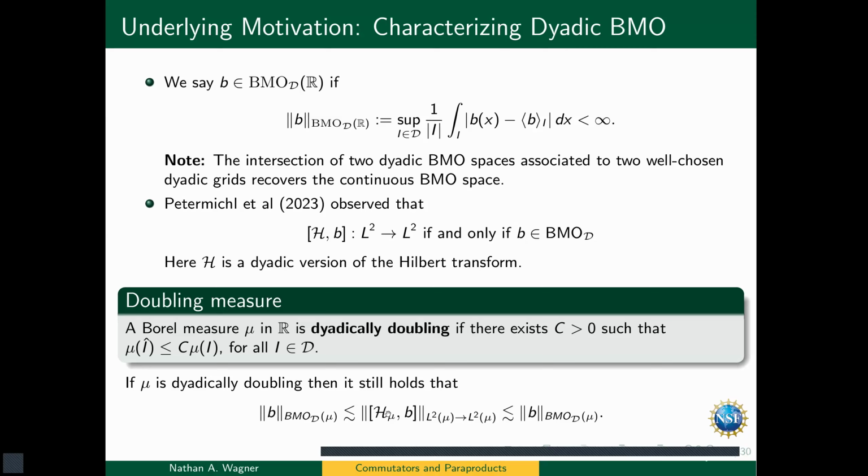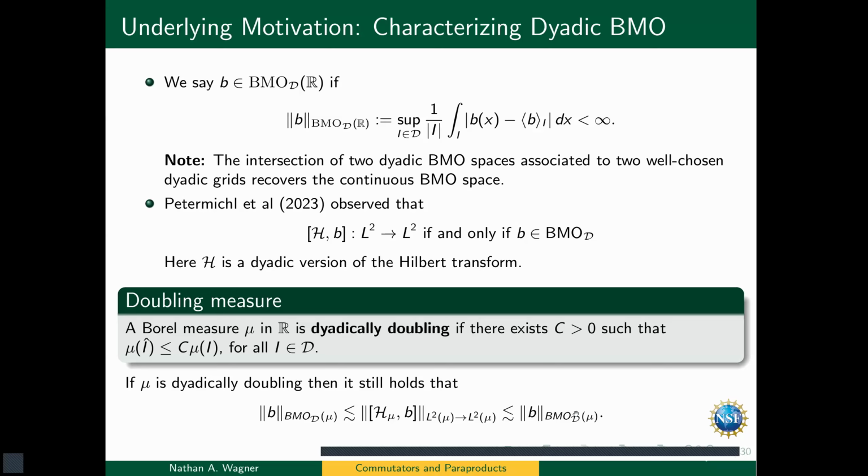You can define a dyadic Hilbert transform with respect to mu by taking Haar functions that are orthogonal in L2 mu, and you'll still get this nice, clean characterization of the dyadic BMO norm in terms of the operator norm of this commutator.